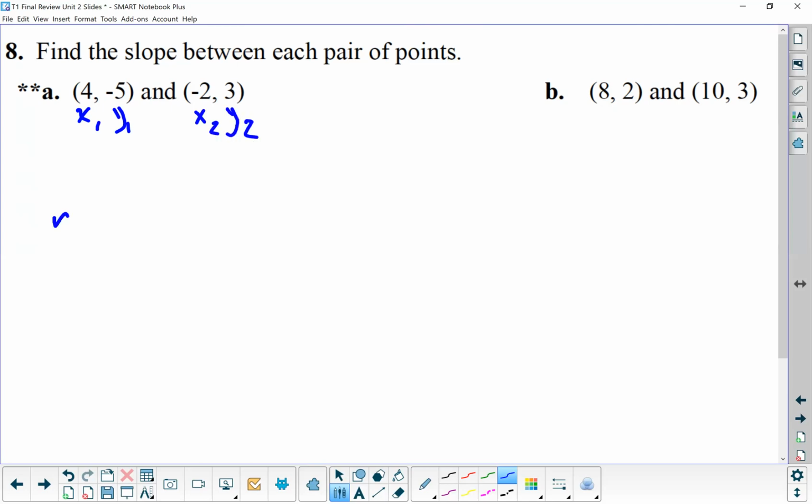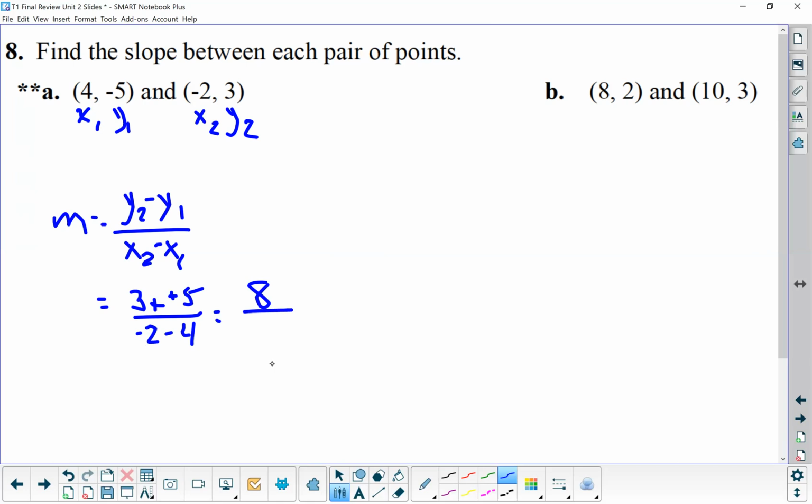So my slope, which is y2 minus y1 over x2 minus x1, would be 3 minus negative 5 over negative 2 minus 4. Minus a negative, as we just said on the previous page, that's the same as plus a positive. That's 8. Negative 2 minus 4 is negative 6.